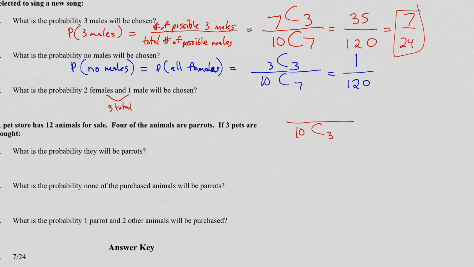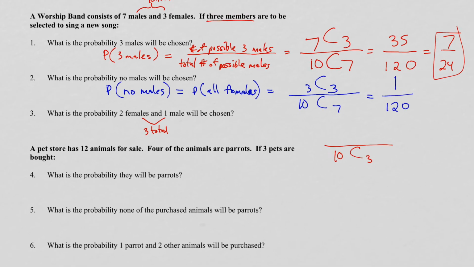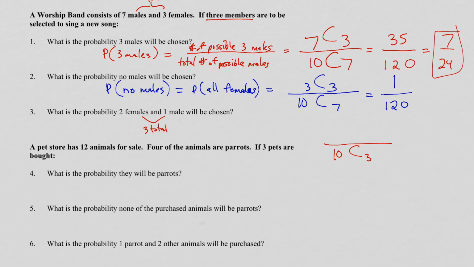We're choosing 2 female and 1 male. That's a total of 3. So we're trying to get the probability, the combinations of choosing 3 out of the 10. That's the total.